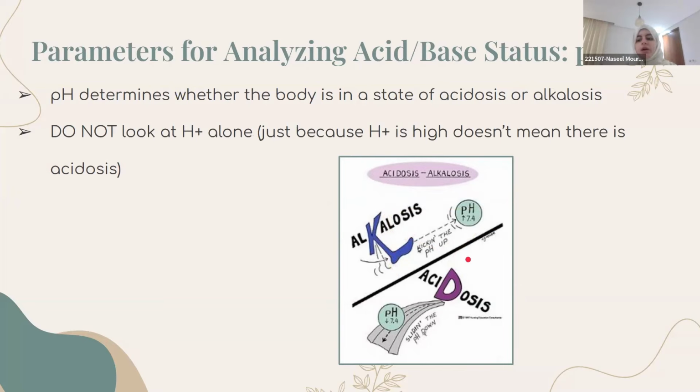Now keep in mind that even though we said that pH relies on the hydrogen, don't look at the value of hydrogen alone. So if you take a patient's blood test, don't look at the hydrogen. Just because the hydrogen is high doesn't mean that the patient's having acidosis. The patient could be having alkalosis, but the pH is high for whatever other reason. Now, the normal value of pH is 7.35 to 7.45.